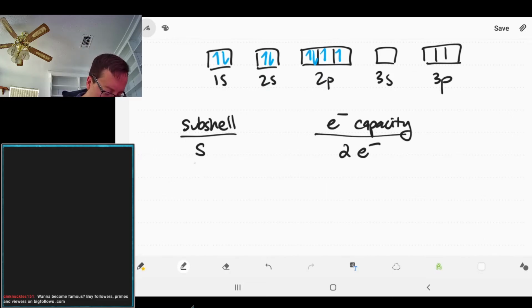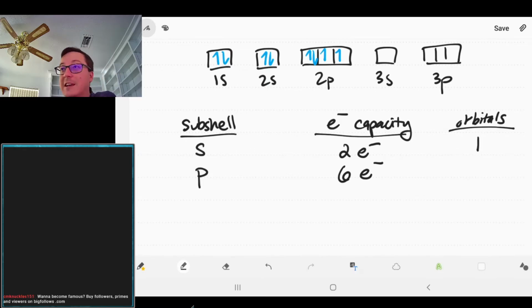If we look at the p subshells, those can hold 6 electrons because there's only one s orbital within the s subshell. It's just the one sphere. There's no way to orient those spheres so that they don't overlap, so there's only one.